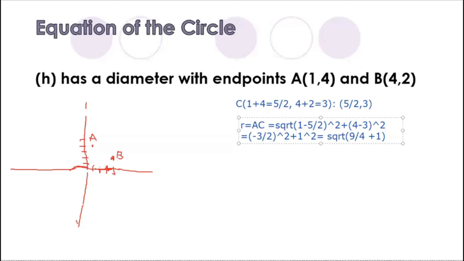Then i-add natin, square root ng 9 over 4 plus 1. So, magiging square root of 13 over 4. Tama? So, square root of 13 over 4. Ito yung magiging radius R natin.